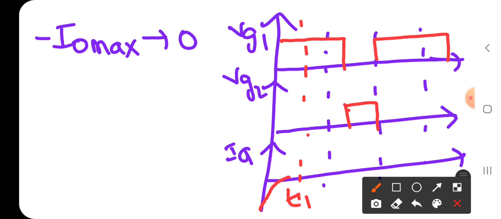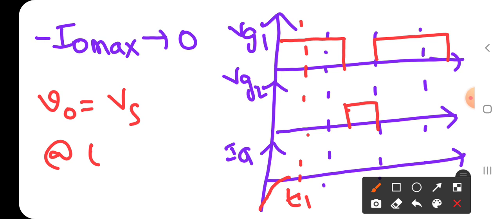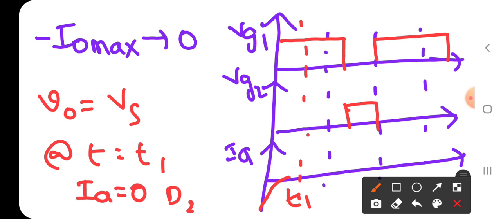And during this T1, what is the output voltage? V0 is equal to Vs only, because the source is connected to Va. Hence you can say V0 is equal to Va is equal to Vs. Now at T equal to T1, IA is 0, in the sense D2 is off.